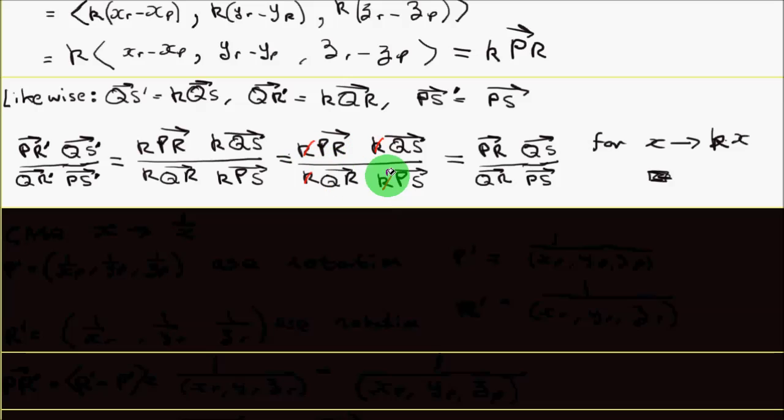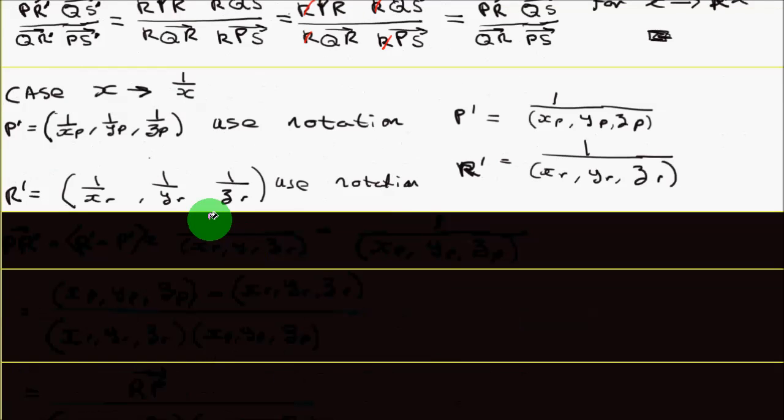Those k's cancel out, and we can see that the primed vector cross ratio is equal to the unprimed vector cross ratio. I see in my notes here I have made a mistake, in that I am missing the k scalar times the unprimed here. So for the transformation x goes to k of x, we've shown that the cross ratio is invariant.